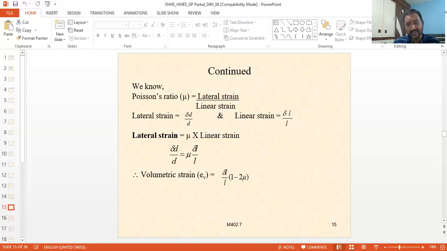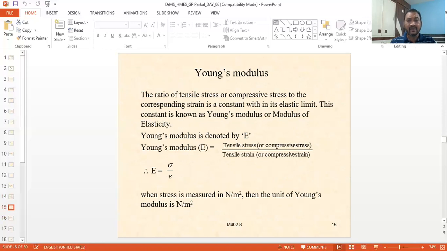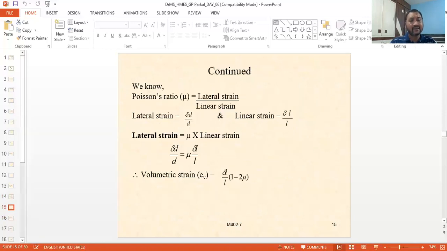So delta D by D is equal to mu into delta L by L. By substituting that equation, the volumetric strain EV is equal to delta L by L into (1 minus 2 mu). Here delta L by L is nothing but the linear strain, so EV is equal to E into (1 minus 2 mu). So this is the equation for the volumetric strain.